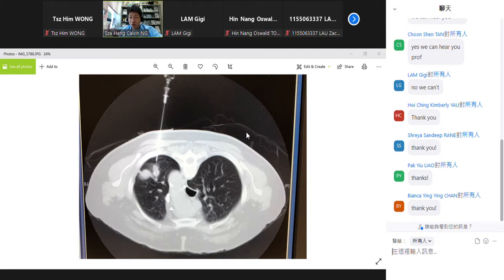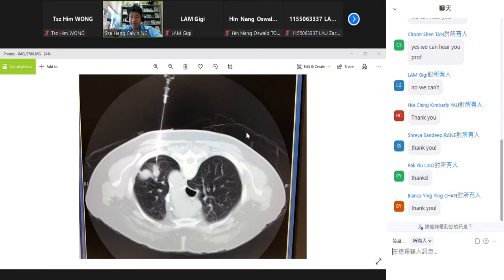So talking about the brain, the PET scan is actually not very good at looking at small brain metastases. If you have a brain metastasis which is 1.5 or 2 centimeters, of course, it will light up on the PET scan. But if you have a 5 millimeter or 3 millimeter brain metastasis, then it won't necessarily light up.